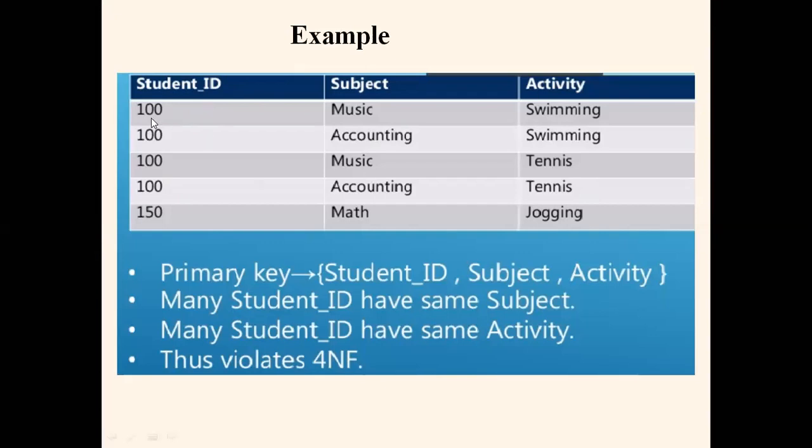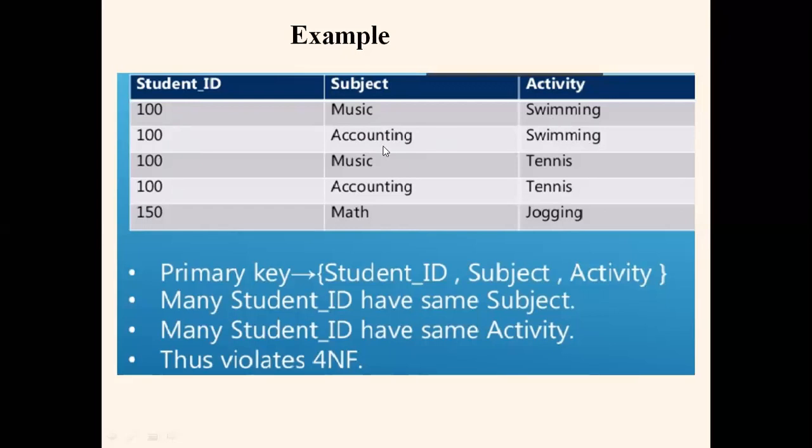Here a student whose ID is 100 has opted for music subject, and the activity is swimming. The same student with ID 100 also opts for accounting, and the activity is swimming.